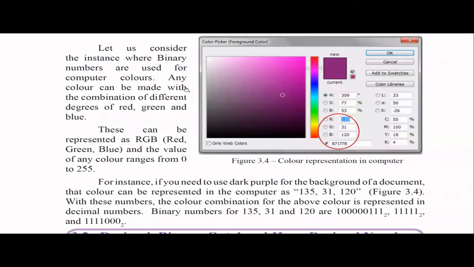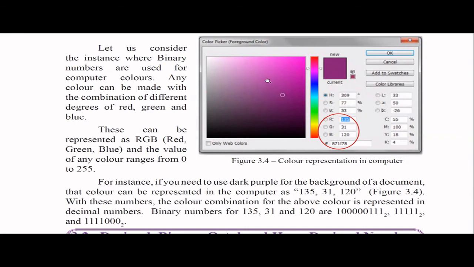Okay, let's see where we use these numbers in our computer things. For example, you may have seen this color picker, even in MS Paint. Here you can select any shade of color.